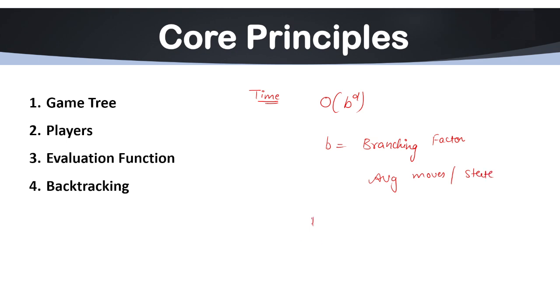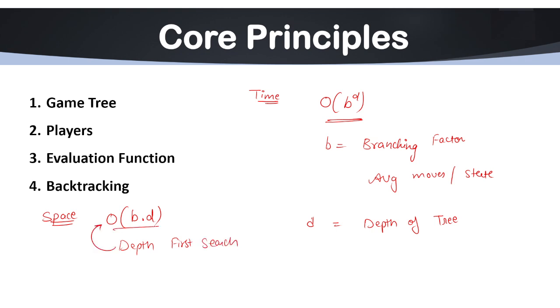And d is the depth of that tree. This is the time complexity. Another we have is its space complexity. It is b times d, as it uses the depth first search algorithm. In depth first search, the space complexity is based on multiplication.